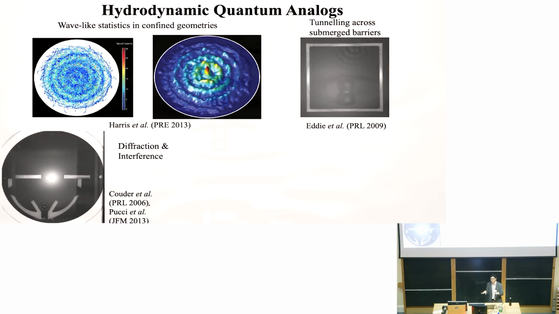Now, it's not the exact same diffraction pattern or interference pattern that you would get in a quantum system, and I wouldn't expect that to happen anyway, but you do get some interesting wave-like patterns in the distribution of the position of the droplet.